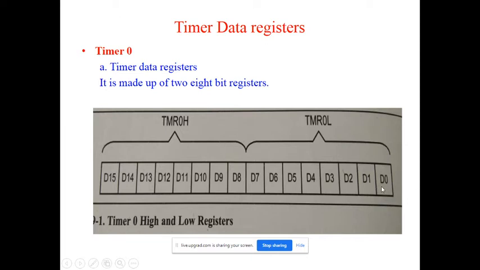At a time we can access only the lower byte or the higher byte. In this fashion the overall 16 bits are split into two subparts, timer 0 lower byte and timer 0 higher byte, and that is covered in the timer data register.